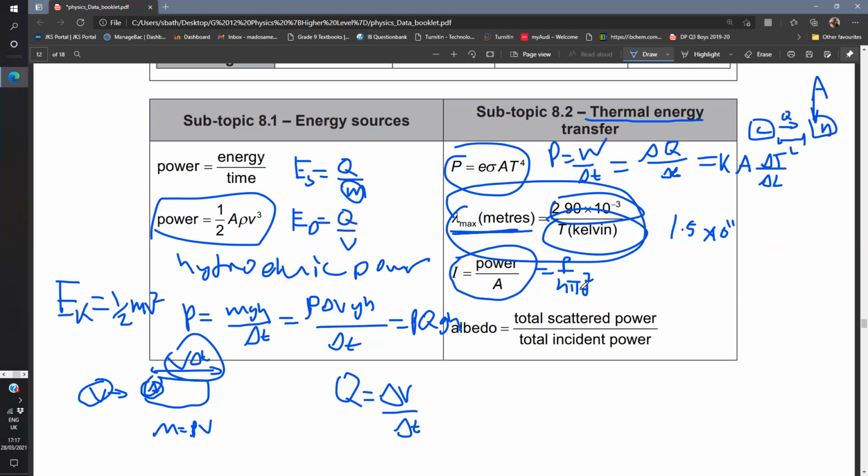And if we place this in terms, the power of the sun is 3.9 times 10 to the power of 26. And so if we divide that by that, we should get around 1400 watts per meter squared. This is the solar constant.